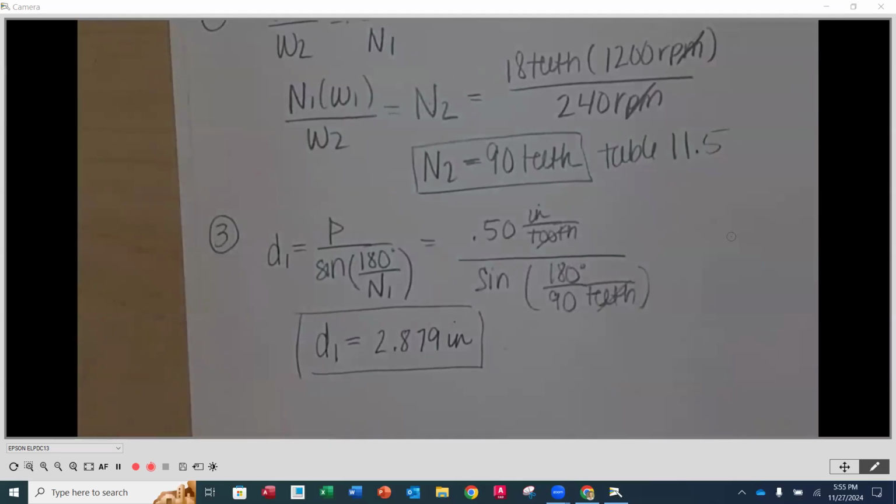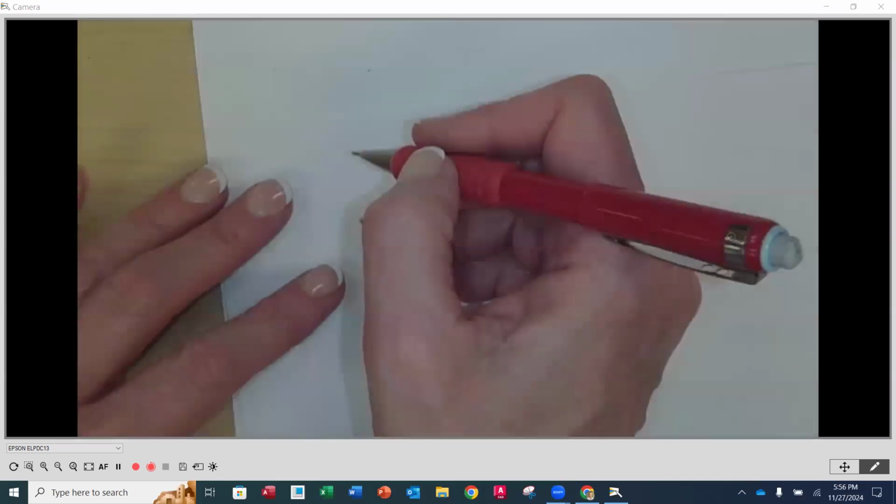So now, did everybody get 2.88 or 2.879? I think the book lists 2.88, which is correct. Now we're going to do that very same equation, but for D2. So I'm going to turn this over.